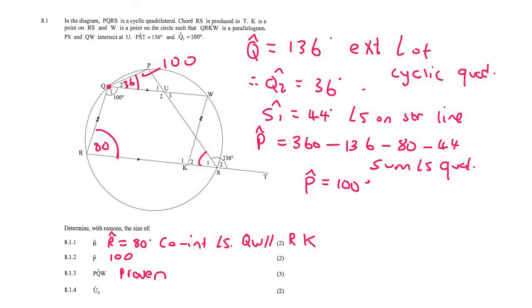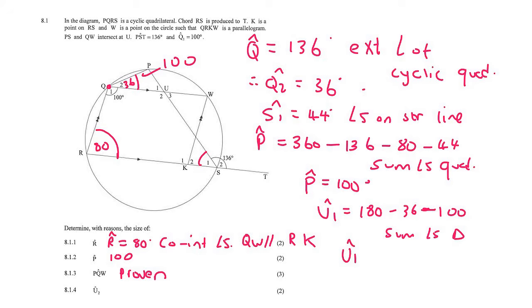And then 8.1.4, the angle U2. Well, what I would do here is find angle U1. There are other ways to do it, but some students aren't comfortable with certain methods. So the easiest way is to find angle U1. So you could say angle U1 is 180 minus 36 minus 100. That's because of sum of angles in a triangle.